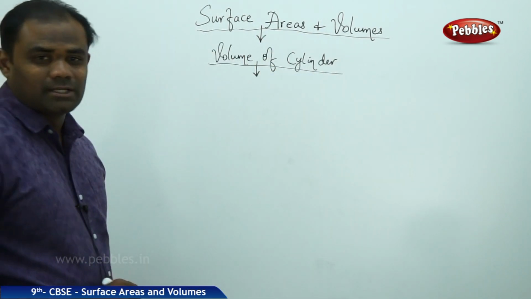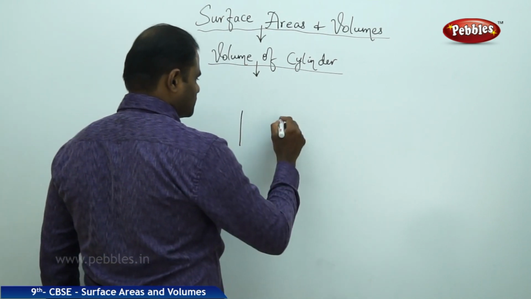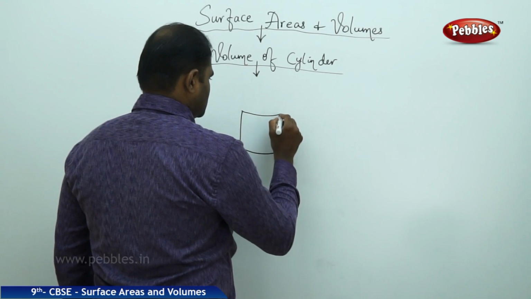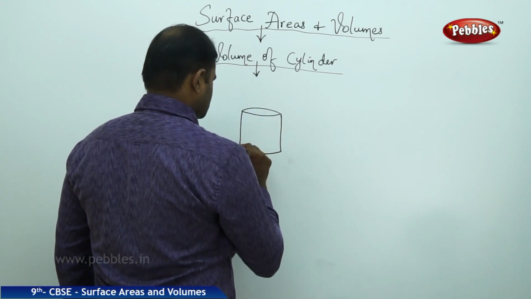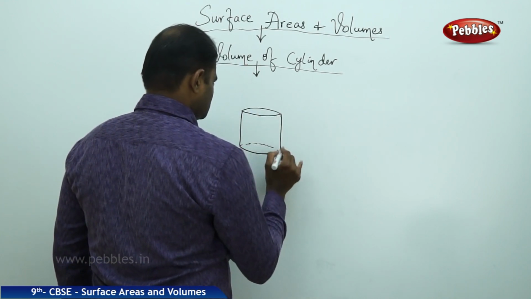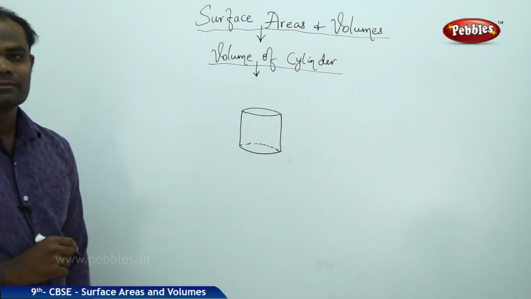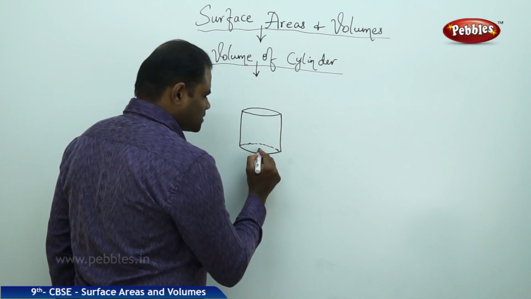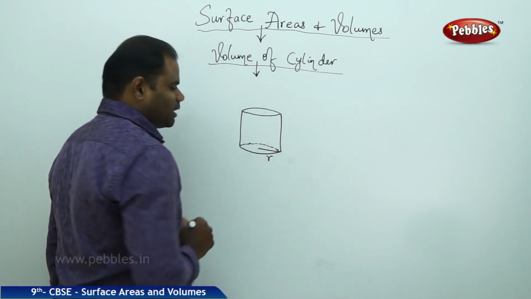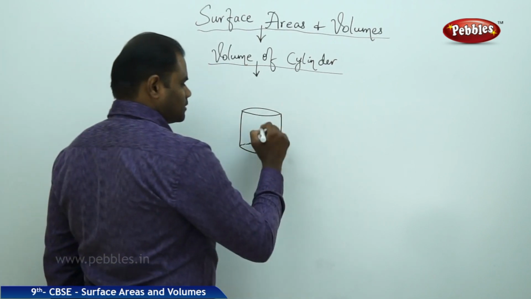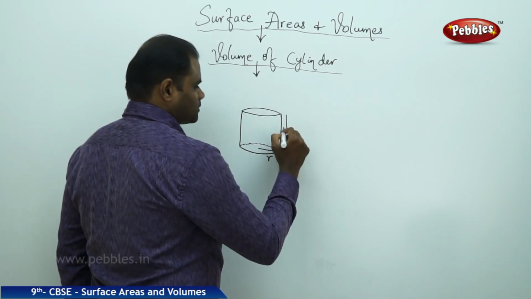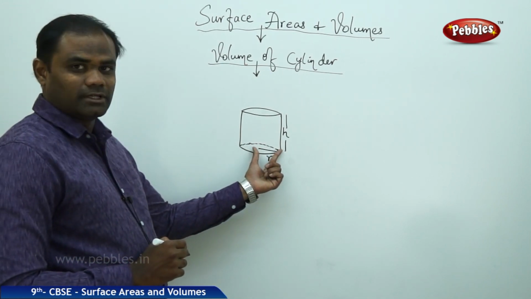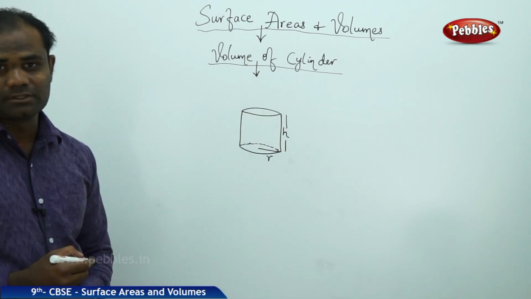We all know that a cylinder is in the shape like this, and we know that for this cylinder we have the radius which is denoted by R and the height which is denoted by H. So here is the radius of the cylinder and here is the height of the cylinder.